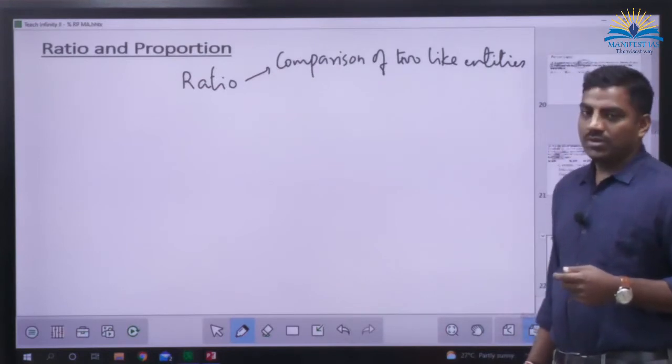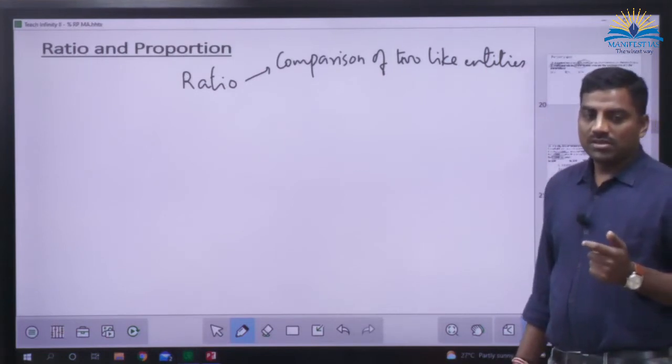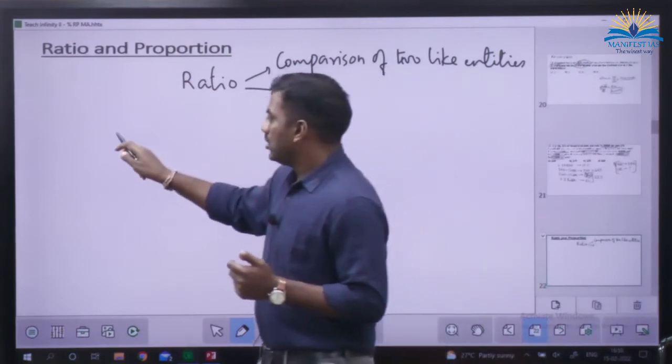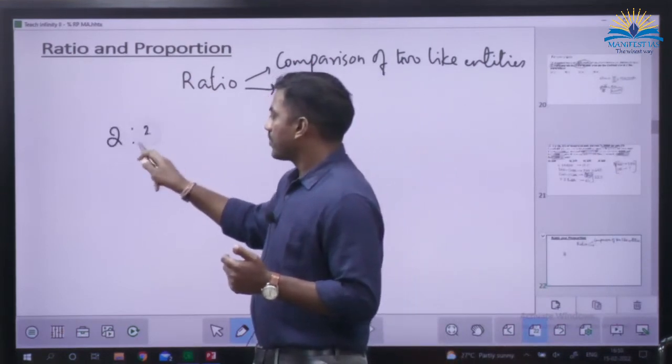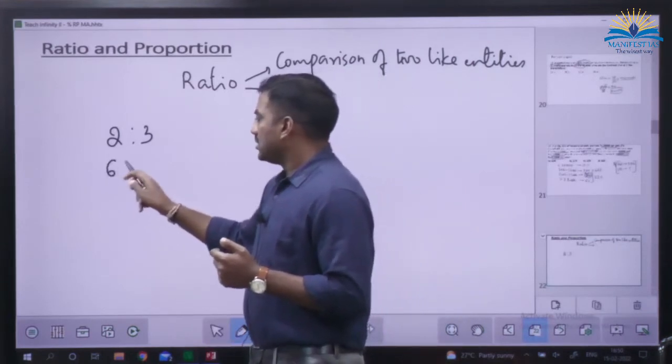Then you told something. What? When we say ratio, for example, 2:3, this also can be written as 6:9.